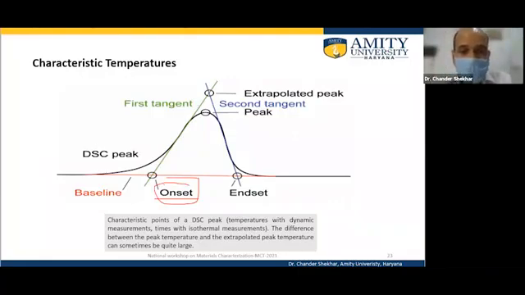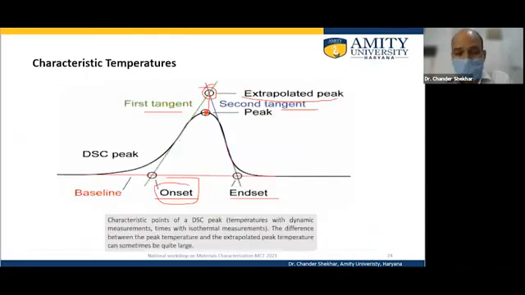On the left hand side there is a first tangent, and on the right hand side a second tangent. Wherever these two tangents meet, there is an extrapolated peak, and at the top of the data is the actual peak. There is an onset and a corresponding endset.